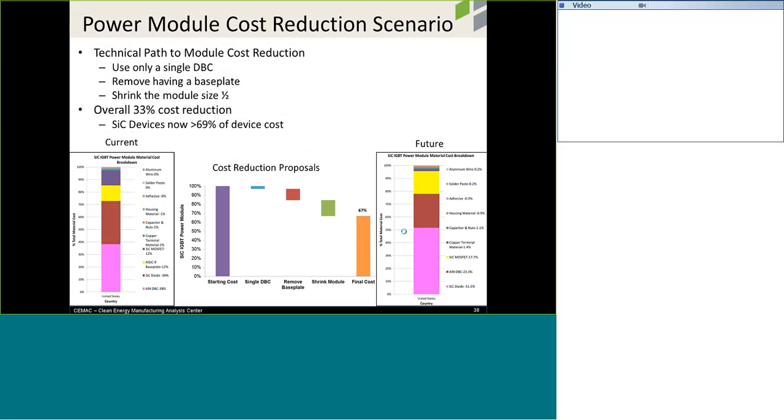And that's not taken into account if you had moved upstream and reduced your wafer and your device costs. In this scenario, the silicon carbide devices are now 69% of the power module cost. And so then if you incorporate your upstream reductions, it's a way of getting silicon carbide power modules on par with silicon.